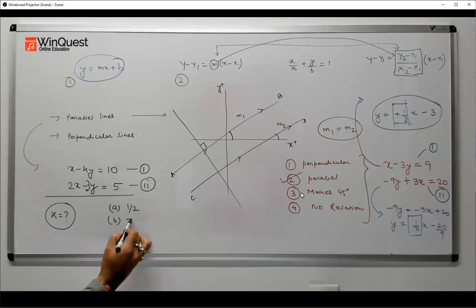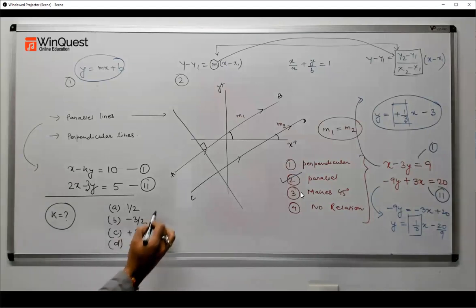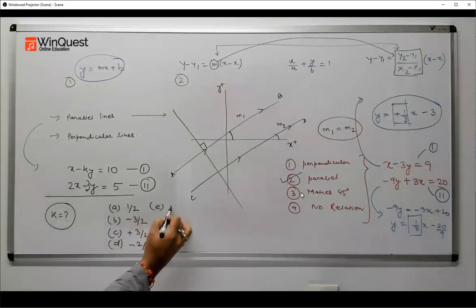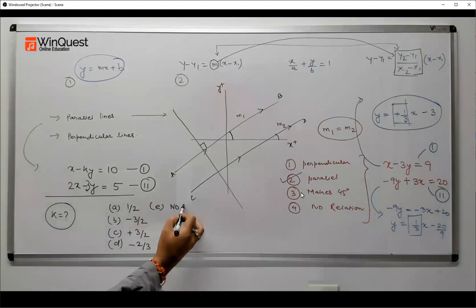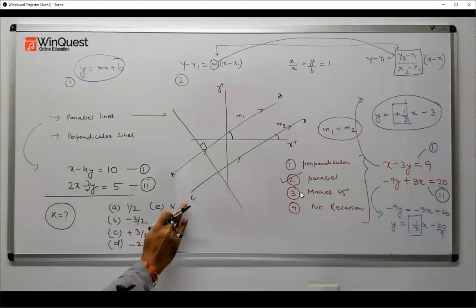B, minus 3 by 2. C, plus 3 by 2. D, minus 2 by 3. E, none of these.